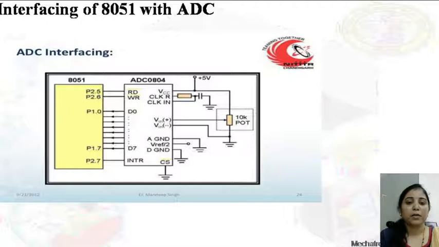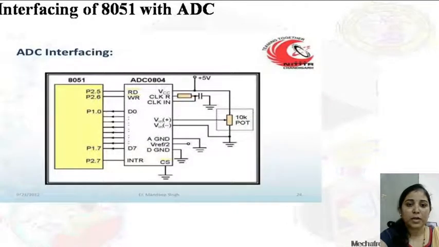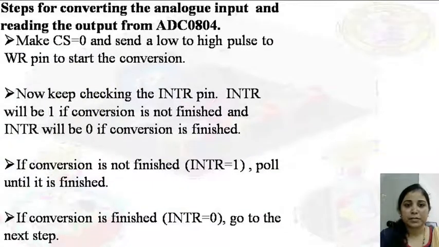And one more very important pin here is P2.7, the 7th pin of port 2, which is connected to interrupt of ADC 0804. This is how the 8051 microcontroller is connected to ADC 0804. Now let's see the steps for converting the analog input to digital output in ADC 0804.